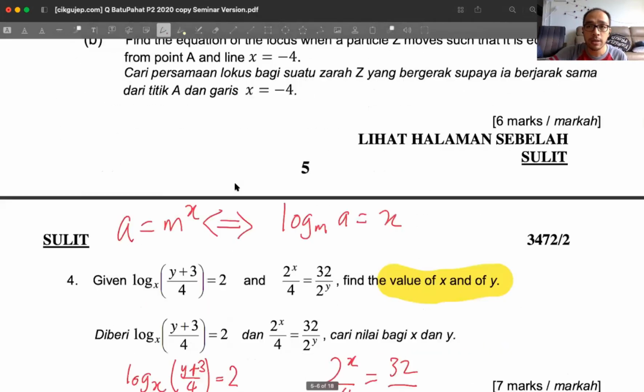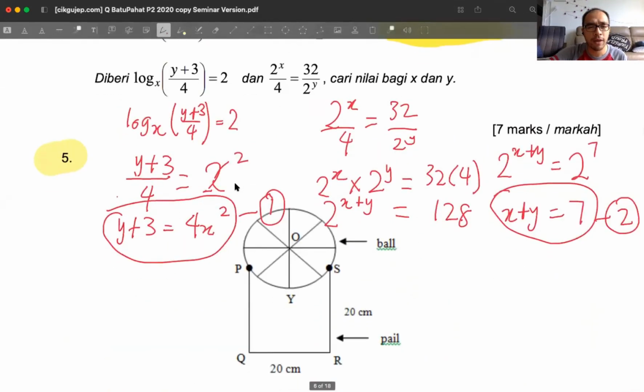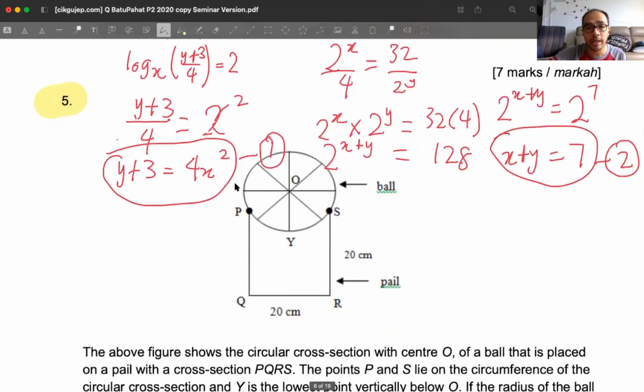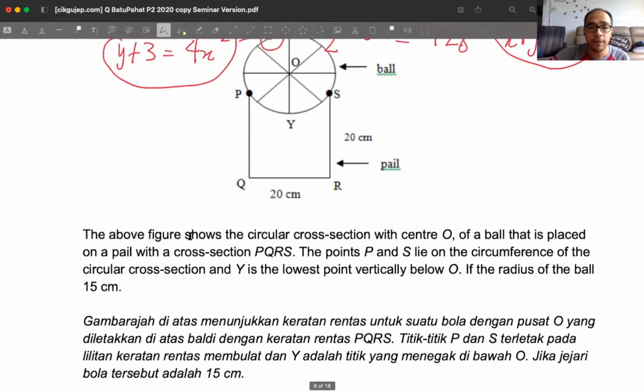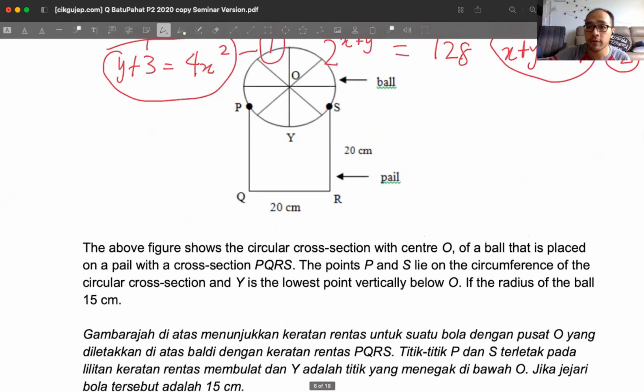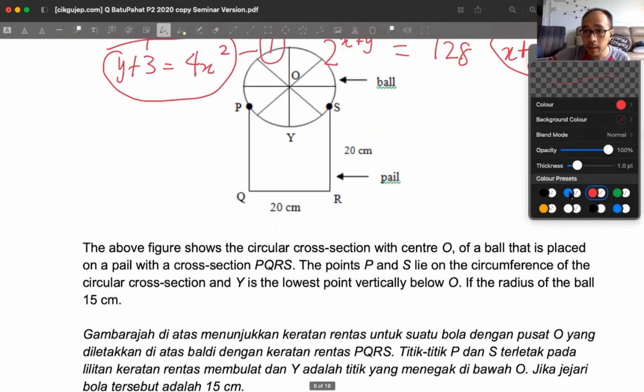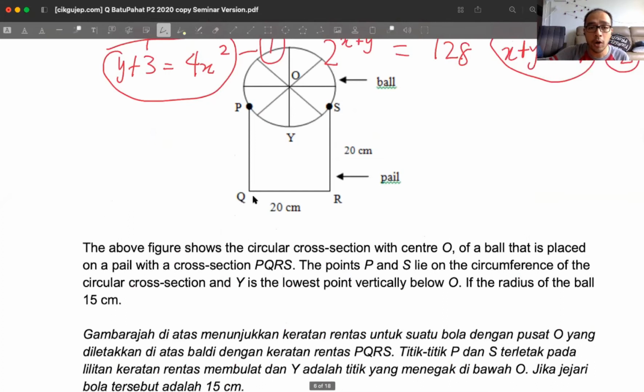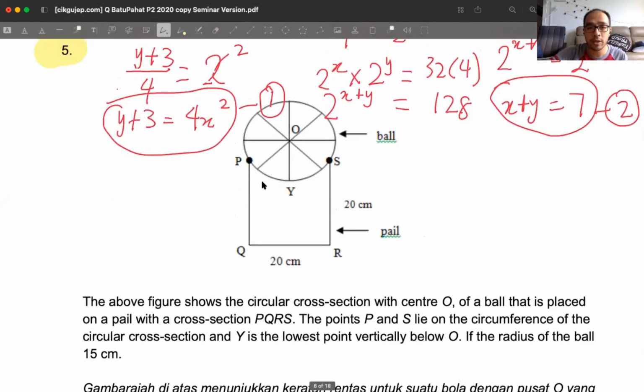Okay, another hot question that I want to look at is question number 5. Not really hot, but it's also quite interesting lah. The above figure shows the circular cross section with a center O, of a ball that is placed on a pail with a cross section of P, Q, and S. So this one is a pail, and then kau letak satu bola di atas.